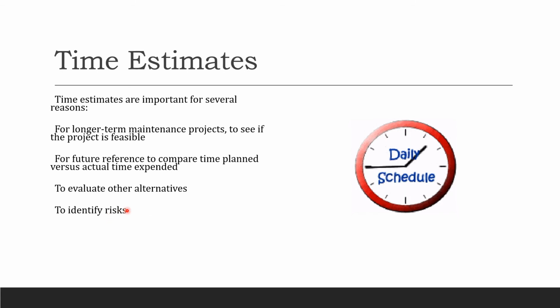So we're looking at risk, we're looking at alternatives to evaluate them, and we're looking at future reference to compare time. What are you comparing? You're comparing planned versus actual time. For longer term maintenance projects, time estimates are important to see if the project is good enough to do, feasible.